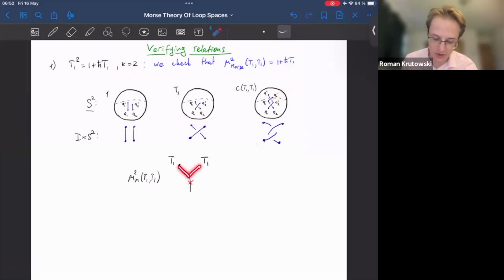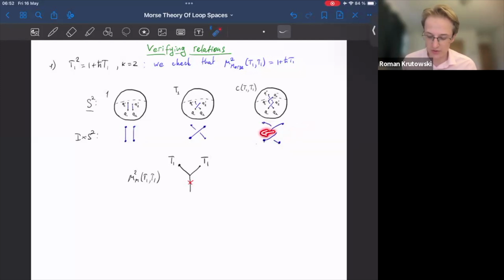This tree picture here: there is no flow happening here and no flow happening here, because these are already geodesics of index 0, so there is no flow there. So all you can do is just concatenate. And the moment you concatenate, you start flowing, and this is a braid picture for this braid.